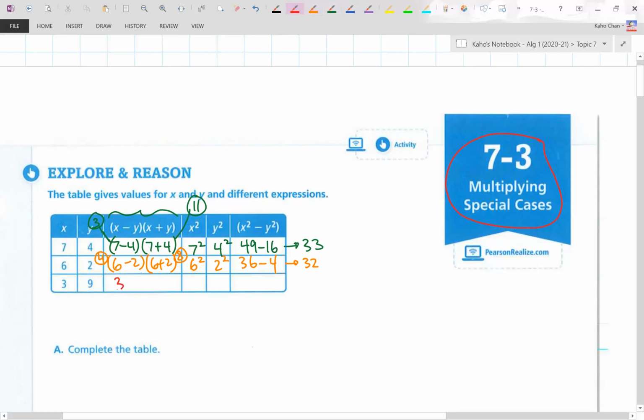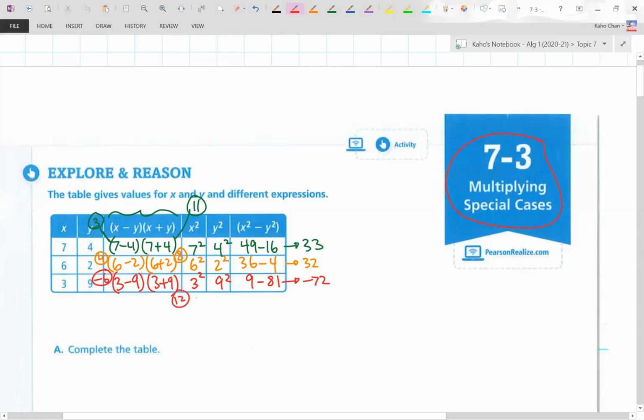How about the last row here? We have 3 minus 9 versus 3 plus 9. 3 squared and 9 squared. 3 squared is 9 minus 9 squared, which is 81. 9 minus 81 is negative 72. Over here, 3 minus 9 was negative 6, and over here, 3 plus 9 is 12.